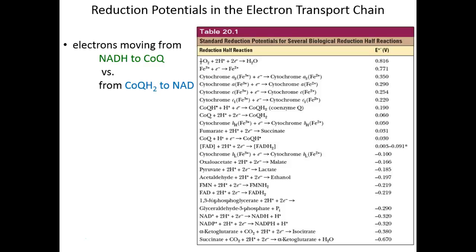I started off with a thought experiment. I started off by saying to you, when we consider electron carriers, we can have electrons move from one carrier to another. And I posed the question, if electrons were moving from NAD to CoQ, which way would they rather move? From NADH to CoQ, or from CoQH2 to NAD? We said at that point, we don't know.